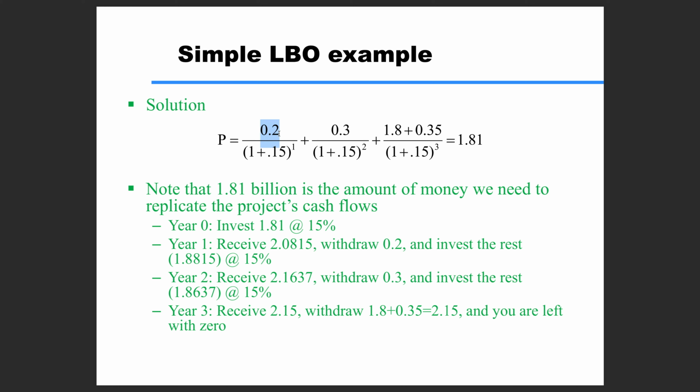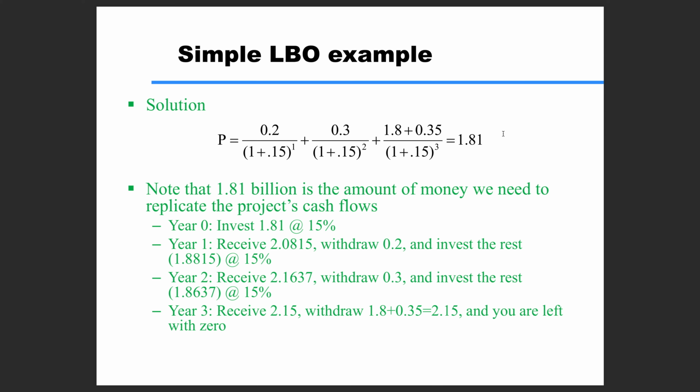The second year cash flow by 1.15 to the power 2. And the third year cash flow, which consists of terminal value as well as $0.35 billion, is discounted by 1.15 to the power 3. The final answer is 1.81. This is how much money you will be willing to pay for this firm, $1.81 billion.